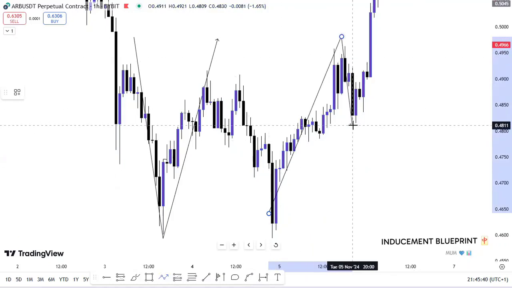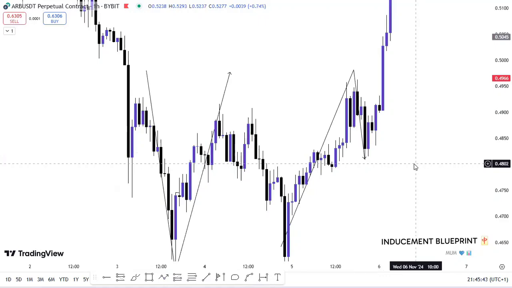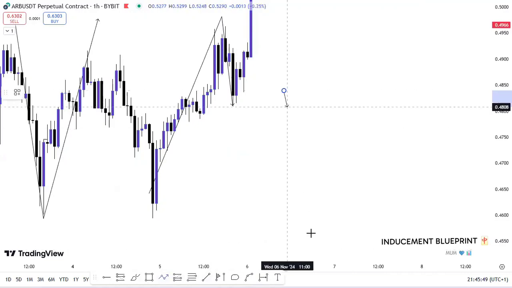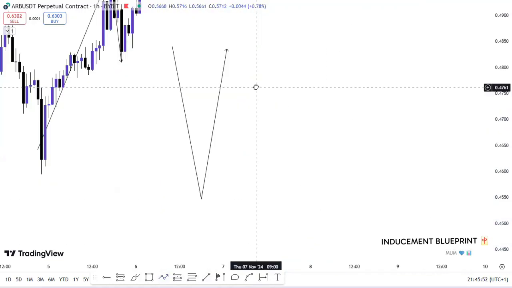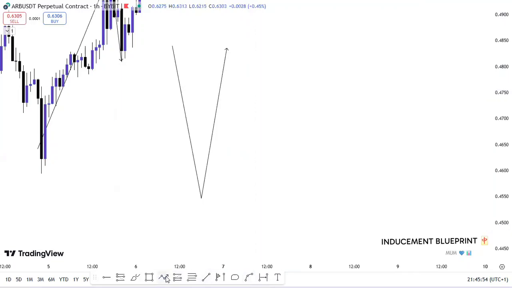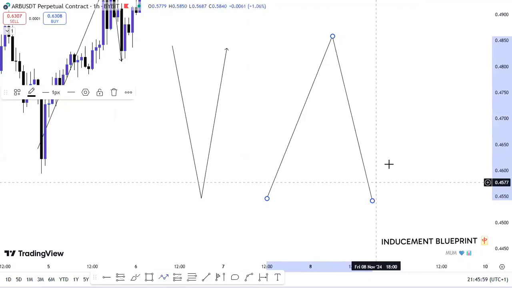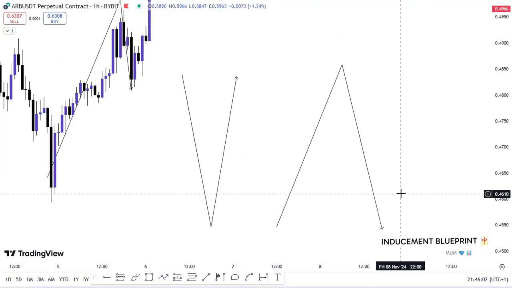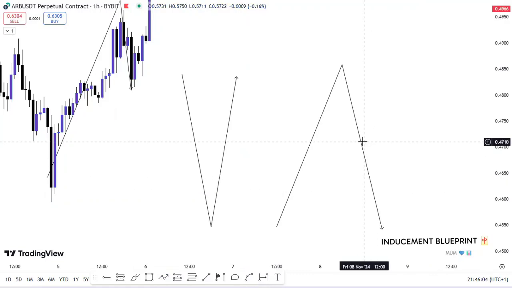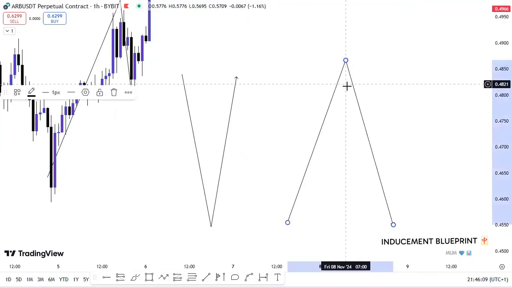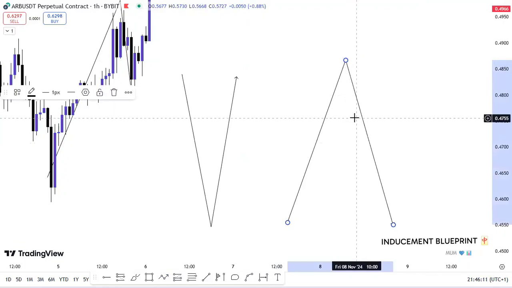Forming something like this, it is a confirmed bullish pullback. Just remember that I said our bearish pullback has a V-shaped structure, while the bullish pullback has an A-shaped structure. For a valid bullish pullback, the A-shaped structure, the low of the highest candle at this tip will be broken or taken out by the next candle or any other candle involved in the pullback.